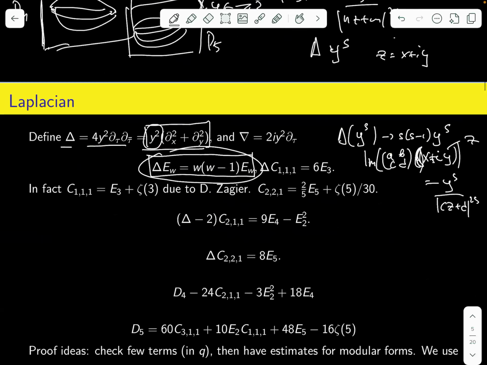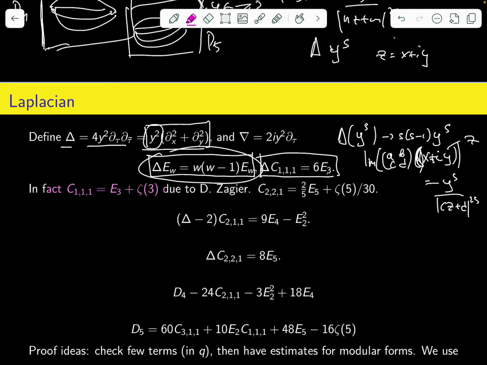Okay, and because of that, it's easy to compute Laplacians for all these functions. And so, for example, you can see that the Laplacian of C111 is 6 times E3. And then what Zagier proved is that C111 is E3 plus zeta of 3.